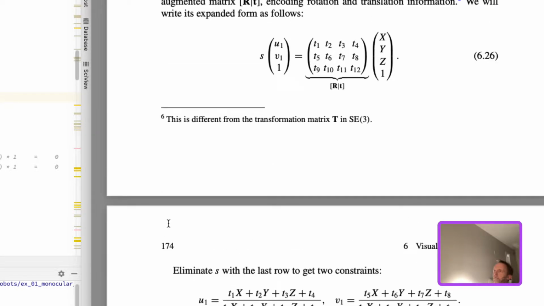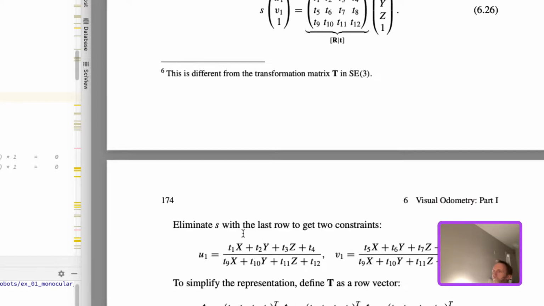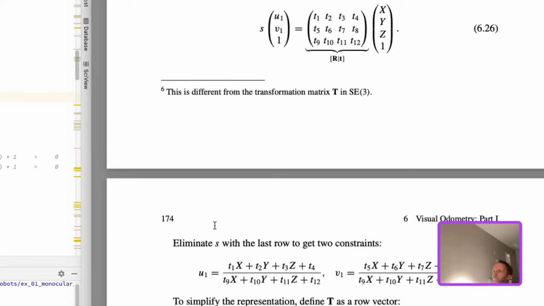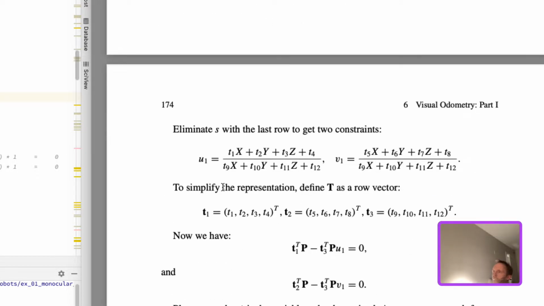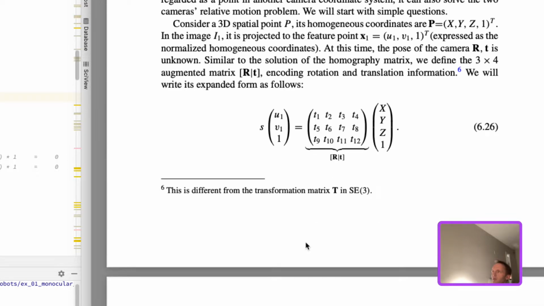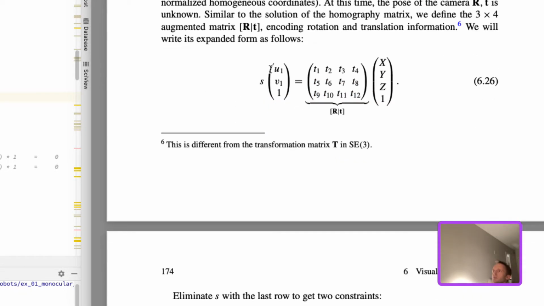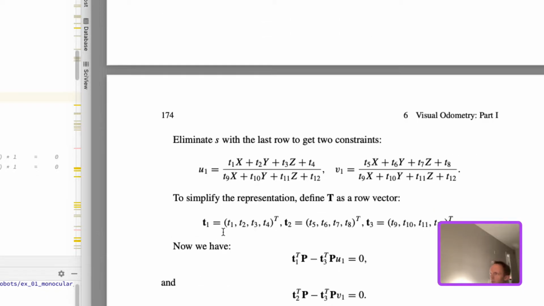Okay, what is P? Oh, it's points. So this is P, and this is x1.